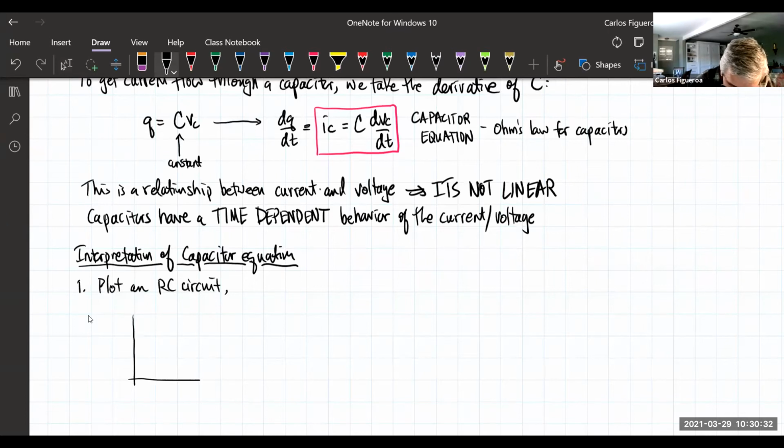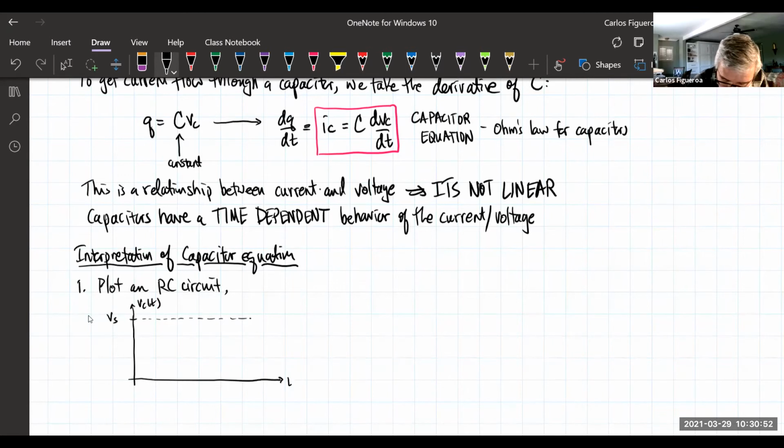So if I look at this curve here, let's say that this value right here is my VS value. I'm going to be plotting VC as a function of time.